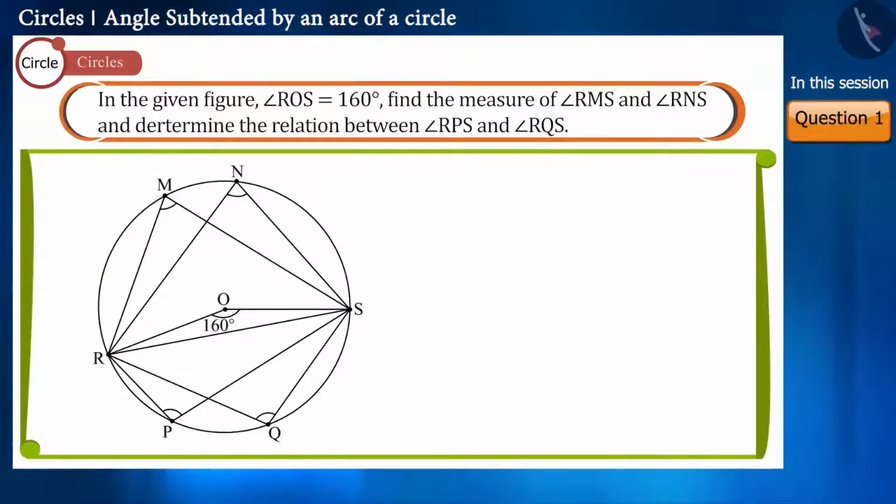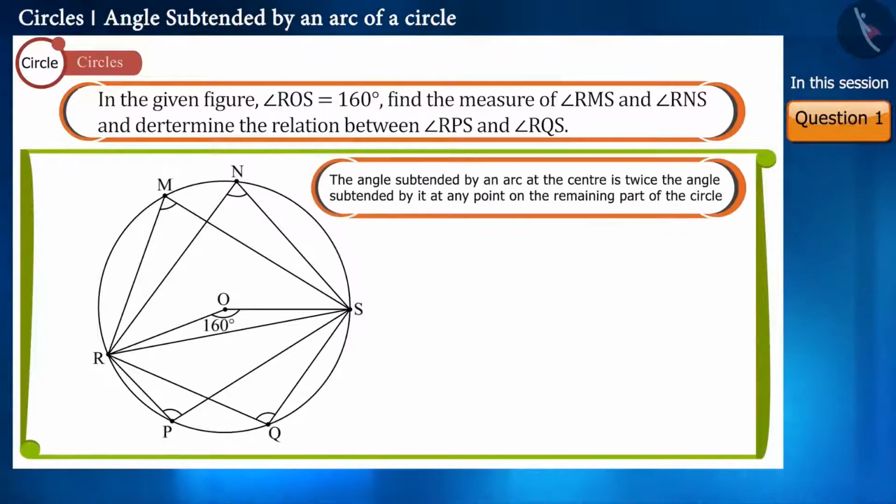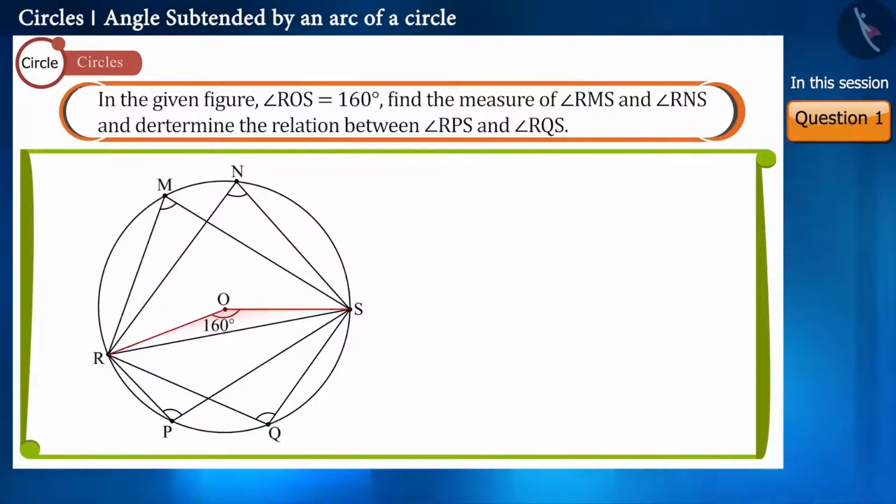Here we can use the theorem, that is, the angle subtended by an arc at the center is twice the angle subtended at any point on the remainder of the circle. That is, the angle ROS will be equal to twice the angle RMS and twice the angle RNS, which we can write like this, and we consider it as equation 1 and equation 2.